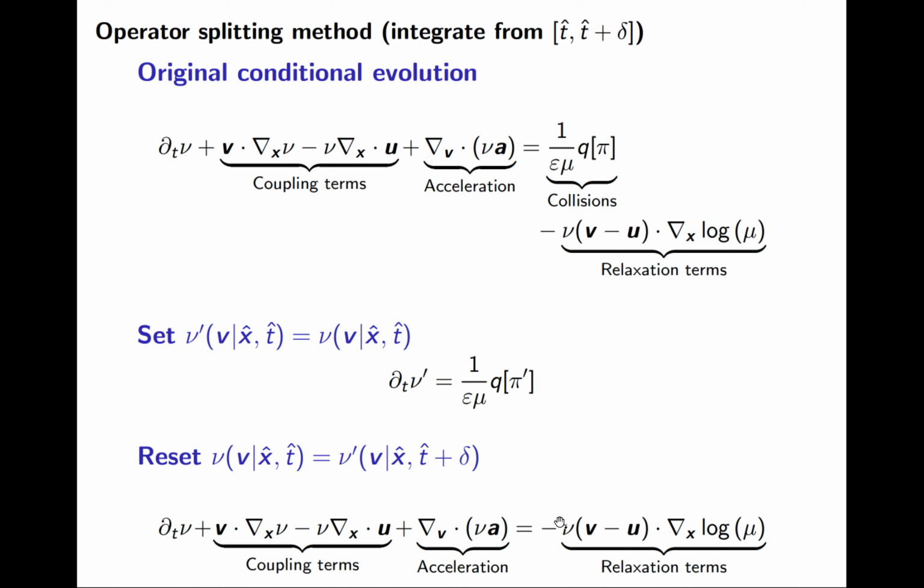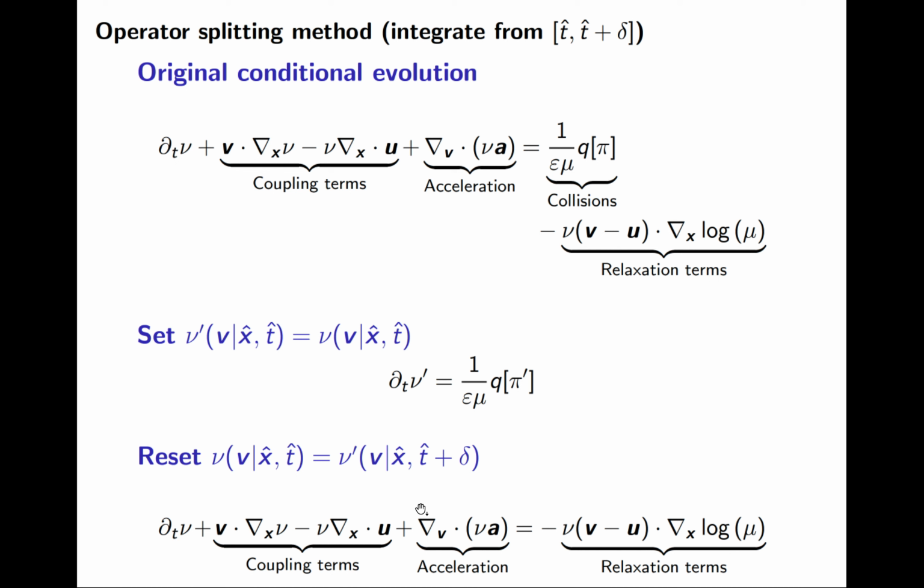So it's kind of an iterative method where you update the macro scale equations, you do your operator splitting where you do your DEM simulation using your collision operator, and then you repeat the small time window integration for each small scale model without the collision operator. So what this is going to do is introduce the acceleration term and also introduce a relaxation term to revert back to what you would expect given your macro scale solution.